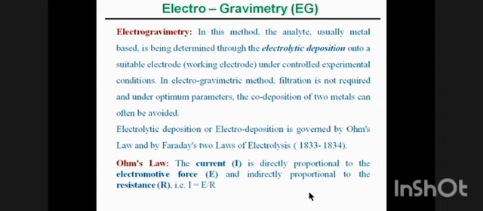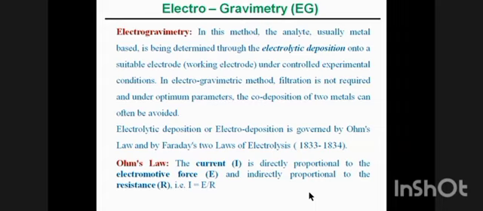In this method, the analyte, usually metal based, is determined through electrolytic deposition onto a suitable electrode under controlled experimental conditions. In the electrogravimetric method, filtration is not required under optimum parameters. The co-deposition of two metals can often be avoided.